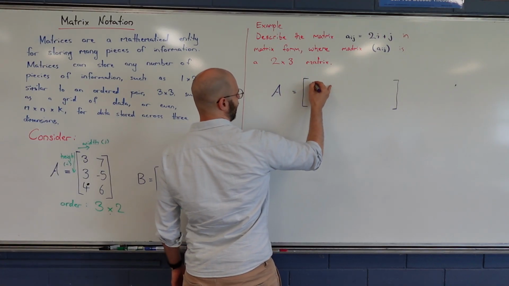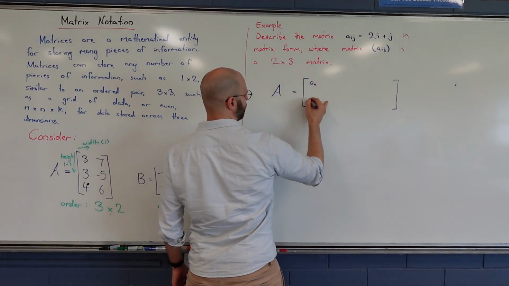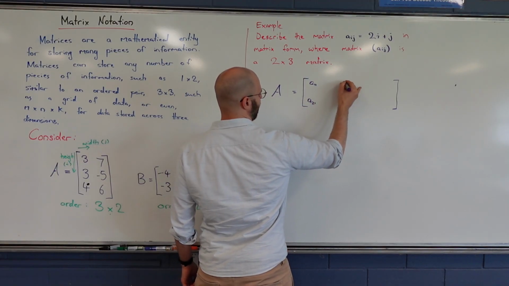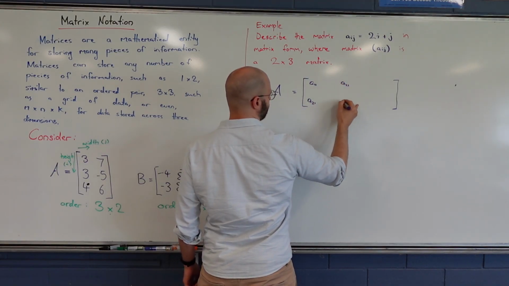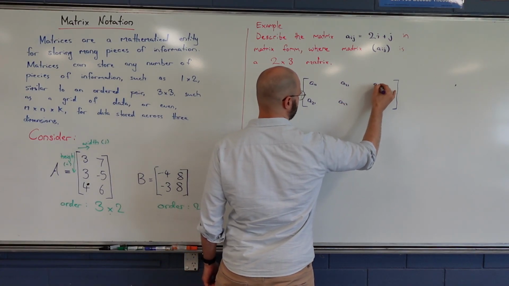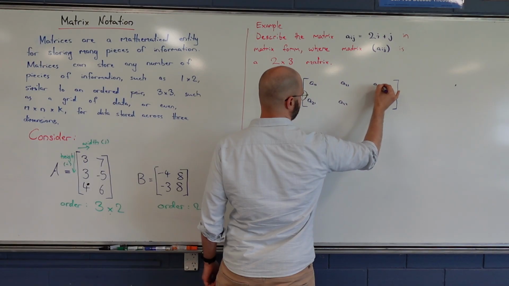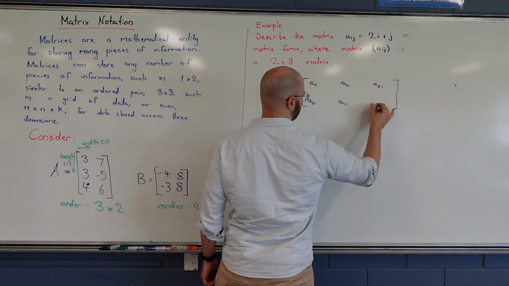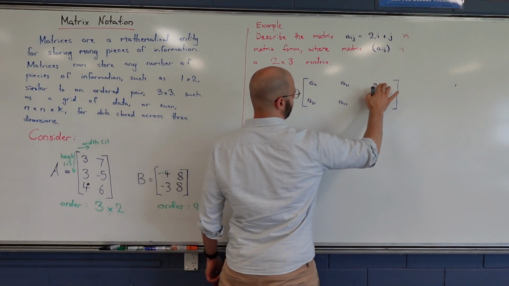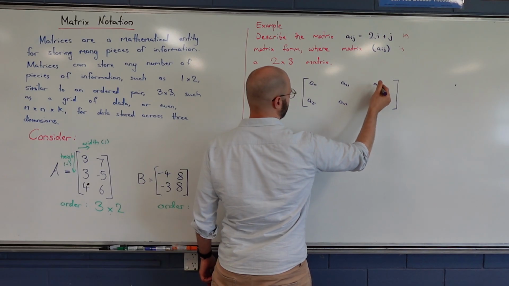So we're going to get a 1,1, a 2,1, a 1,2, a 2,2, a 1,3, a 2,3. As you can see, I'm a little bit rusty with these.